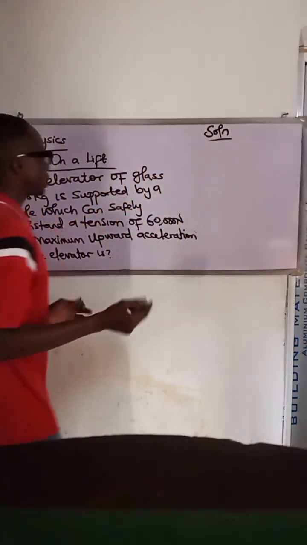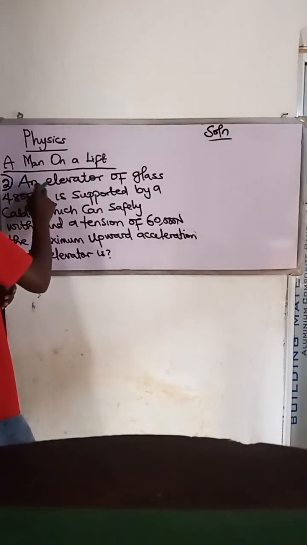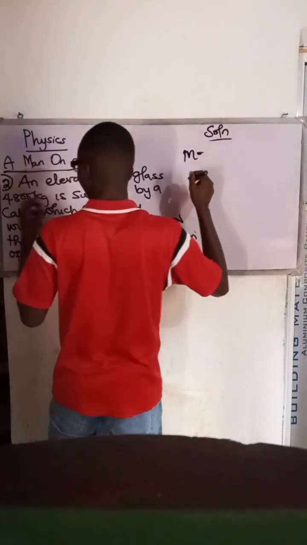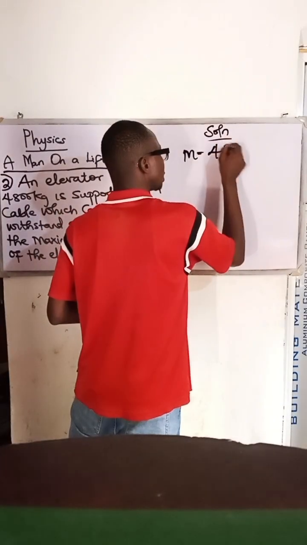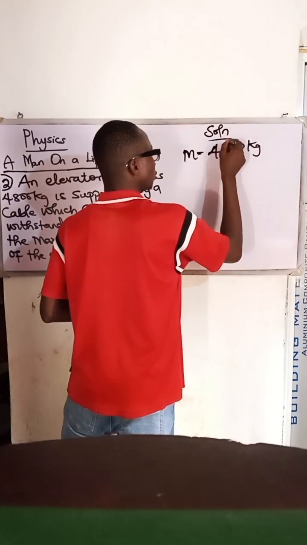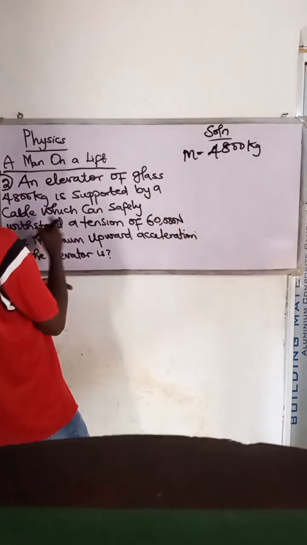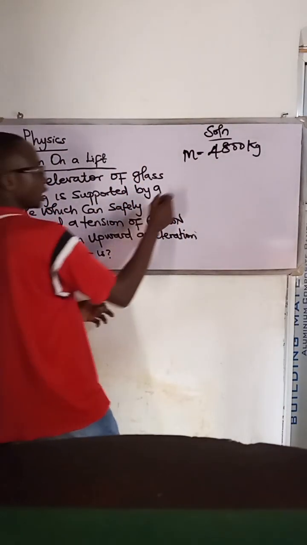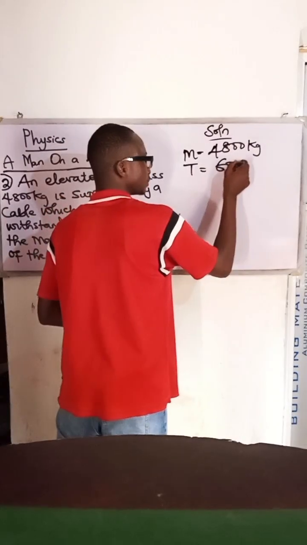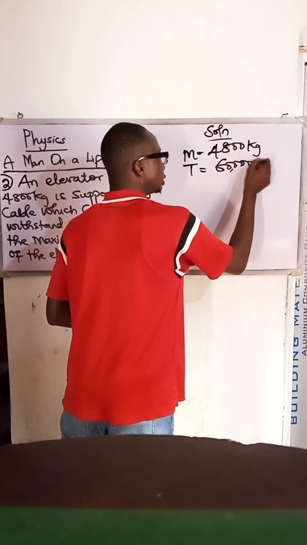First things first, we bring out the parameters. They give us the mass of the elevator, 4800 kg, supported by a cable which can safely withstand a tension of 60,000 Newton.